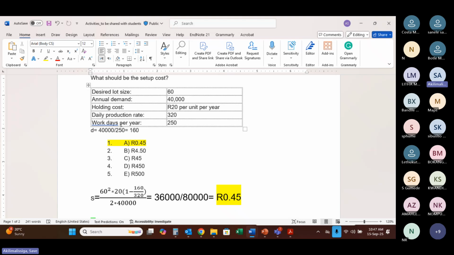Because we have the demand per year, and now we want to find the small d, which is the daily demand, the demand per day.